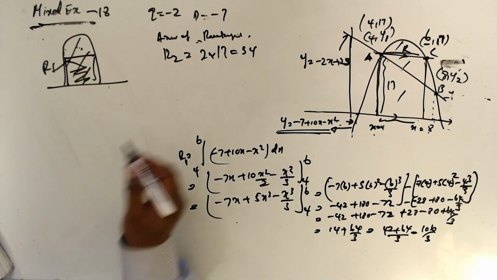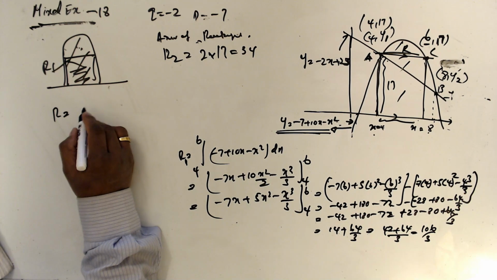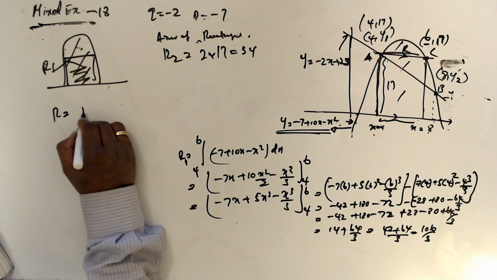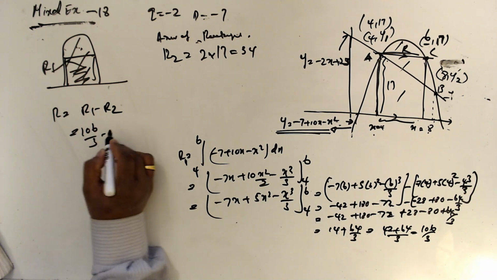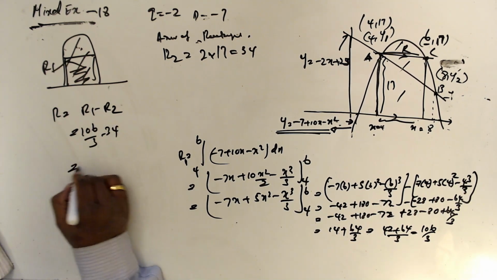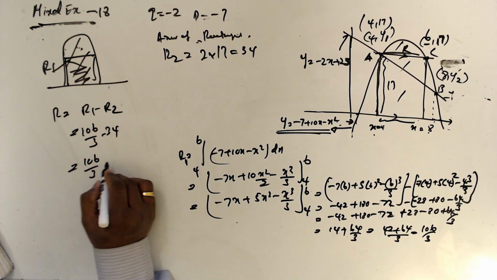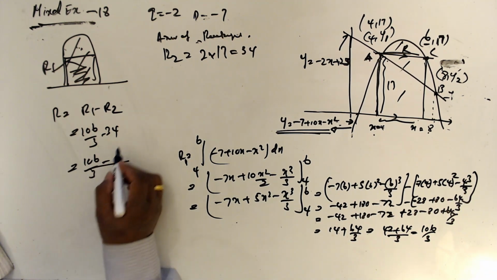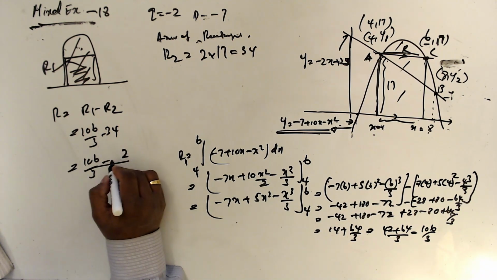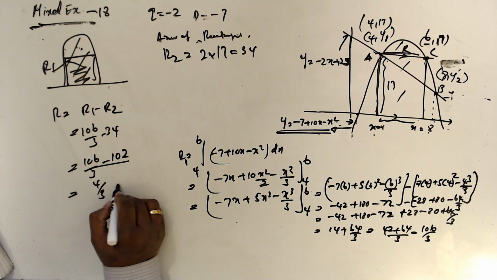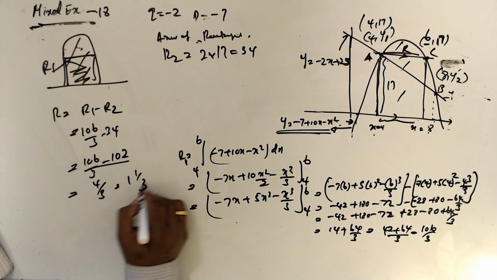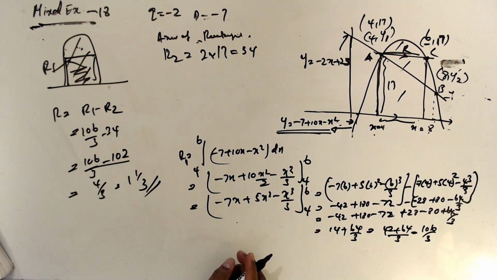Then R is R1 minus R2, 106 over 3 minus 34. So this is going to be 4 over 3, which is 1 and 1 over 3.